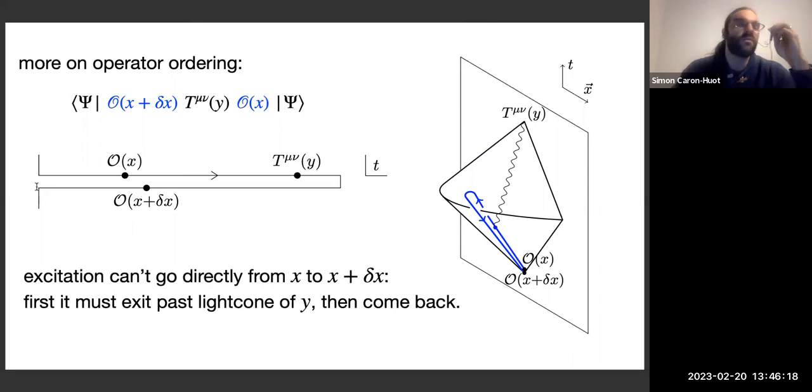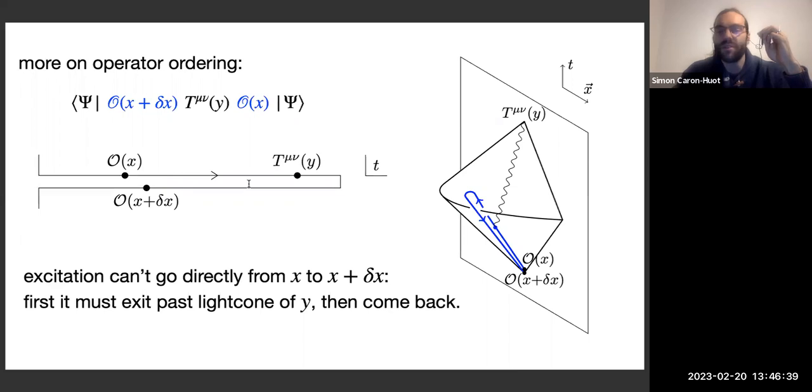And then maybe you keep evolving backward up to the time where you define your state psi. So you have to do a path integral like this. And we'll be interested in a regime where delta x is small, so these two operators on the left are inserted close to each other. So we already have a picture that looks like the one on the right.